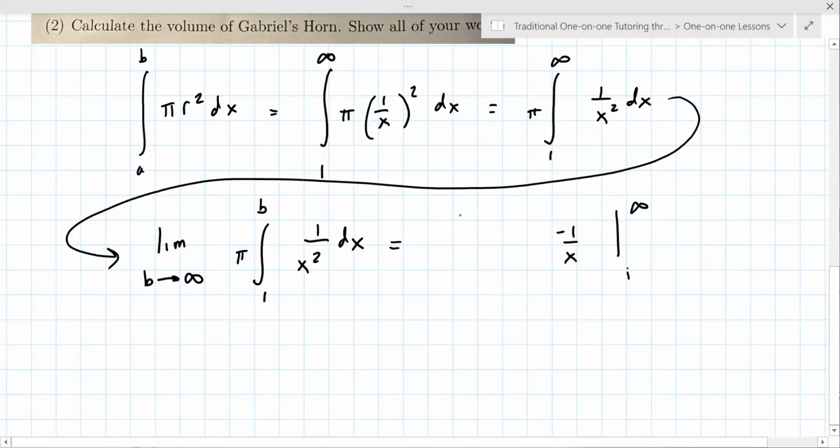And then it's the limit as b goes to infinity, pi times minus 1 over x from 1 to b. And then I'll bring the pi on the outside. So it's pi times the limit as b goes to infinity of minus 1 over b plus 1 over 1.